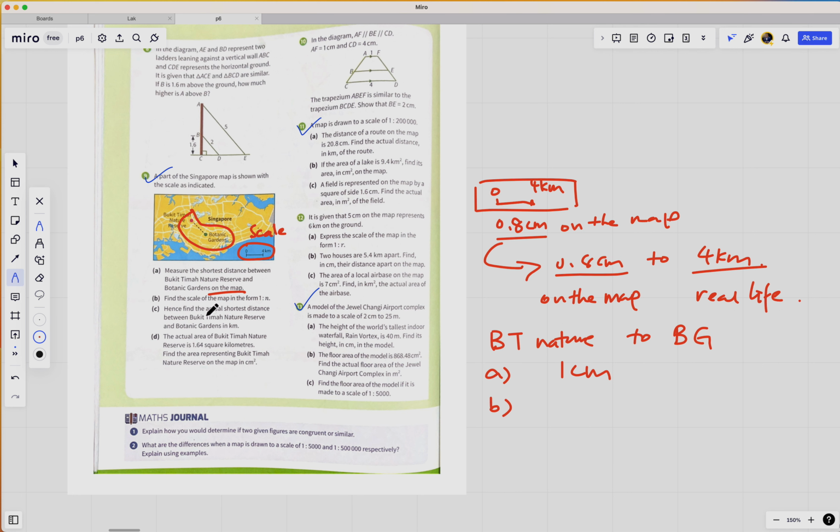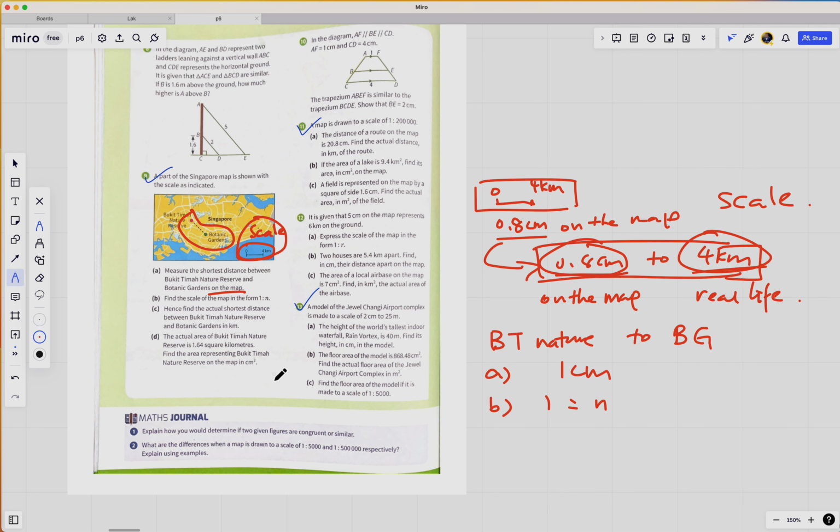Part B, they ask the scale of the map in the form of 1 to n. So 1 to n means this one, 0.8 cm to 4 kilometer. This is the scale. This statement is for you to find the scale, because I get it from here.